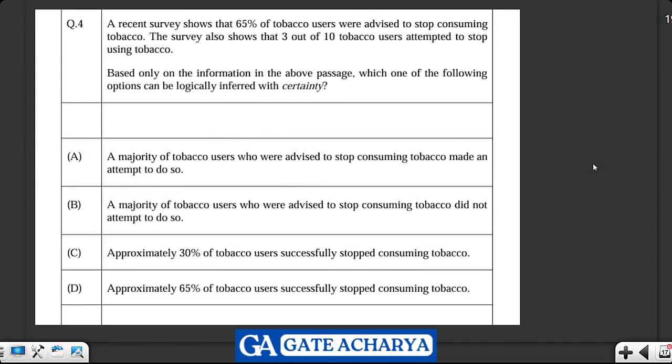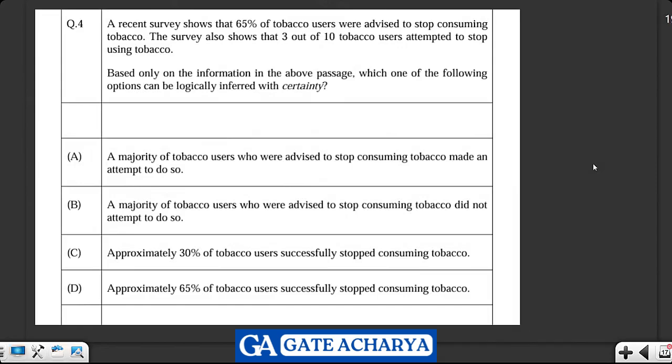Okay. They are saying that the majority of the tobacco users who were advised to stop consuming tobacco made an attempt to do so. Majority of the tobacco users who were advised to stop consuming tobacco did not attempt to do so. Approximately 30% of the tobacco users successfully stopped consuming tobacco. Approximately 65% of tobacco users successfully stopped consuming tobacco.